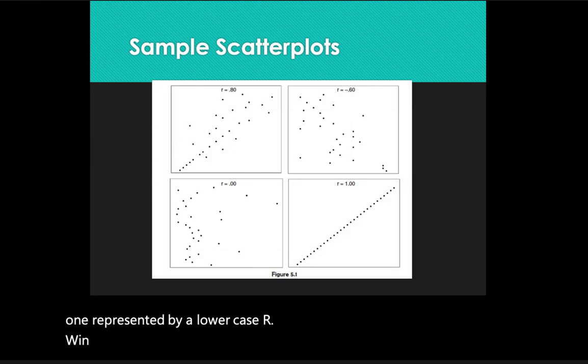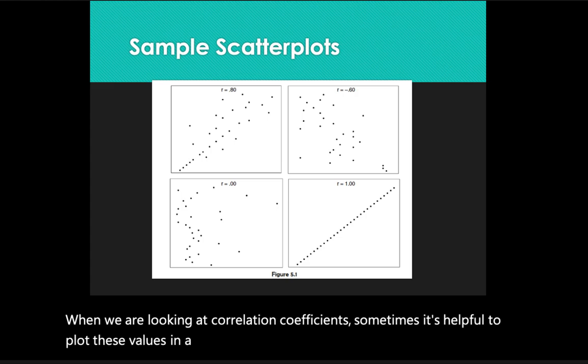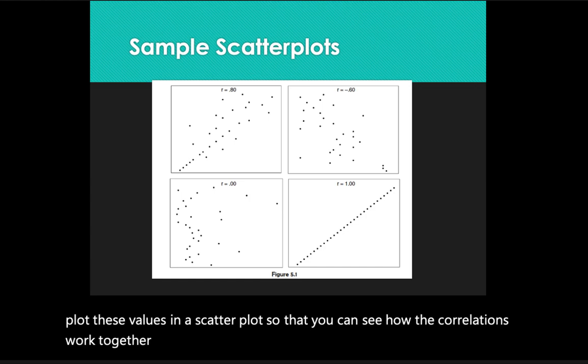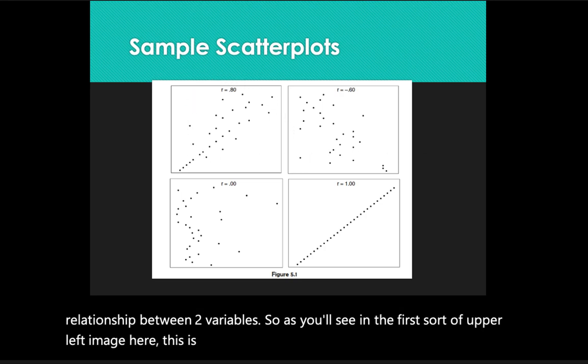When we are looking at correlation coefficients, sometimes it's helpful to plot these values in a scatter plot so that you can see how the correlations work together, and you can see how higher values depict more of a linear relationship between two variables. So as you'll see in the first, upper left image here, this is a correlation of 0.8.